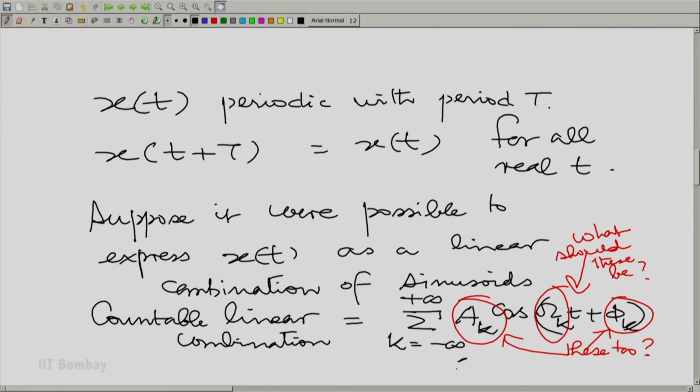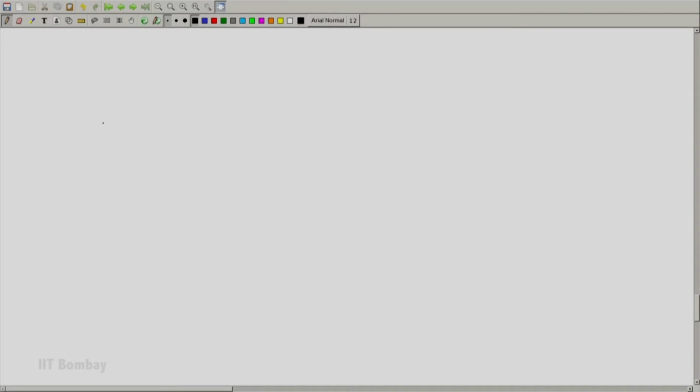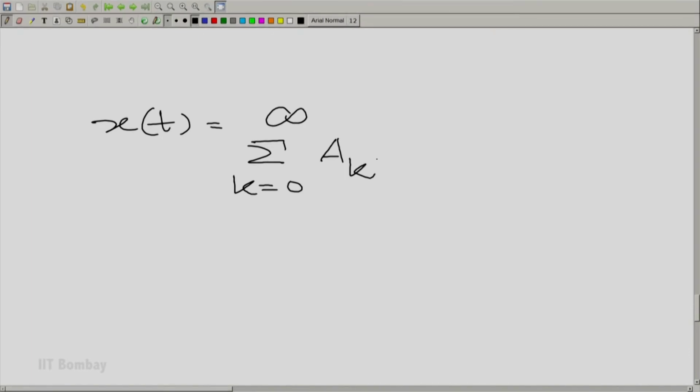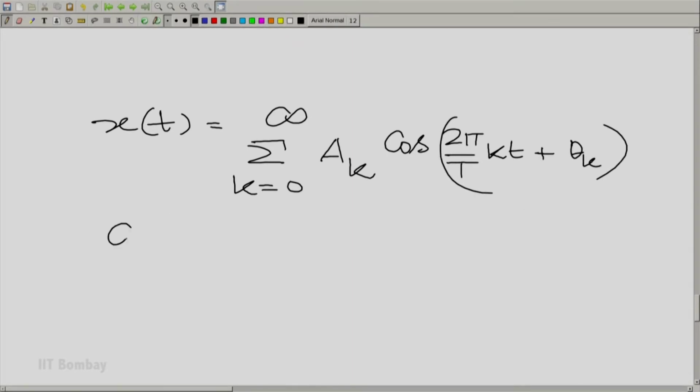Now, let us write that down formally again. So, essentially we are saying x of t is of the form summation k going from 0 to infinity of a_k cos(2 pi by T times k t plus theta_k). And now let us ask a question about these sinusoids.